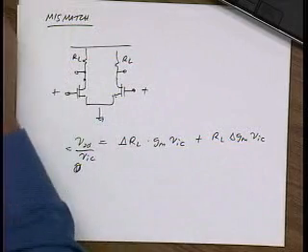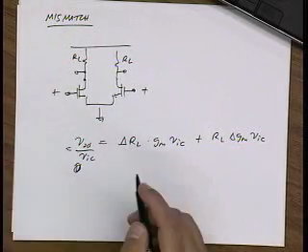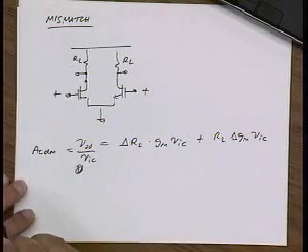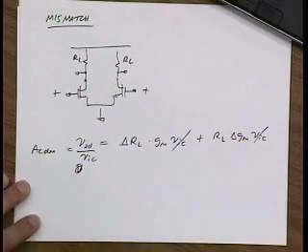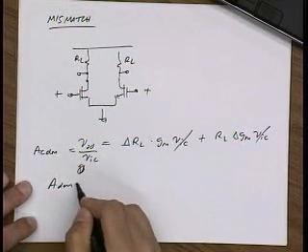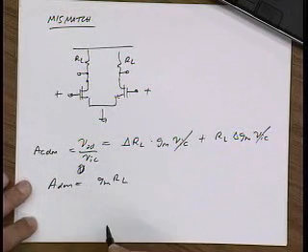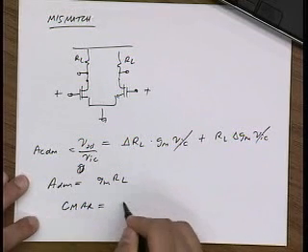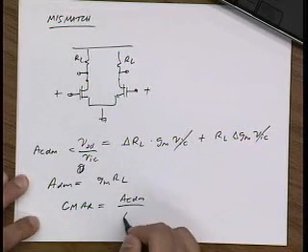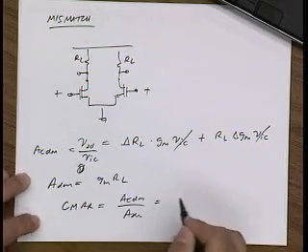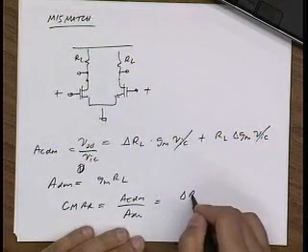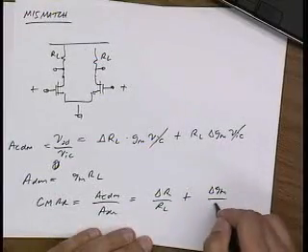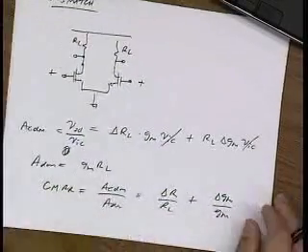Okay? So in this case, the differential mode output divided by the input common mode, we call this ACMDM. And the differential mode gain is just GM RL. So we can write this common mode rejection ratio as ACMDM over ADM. And that gives us delta RL over RL plus delta GM over GM. Okay?